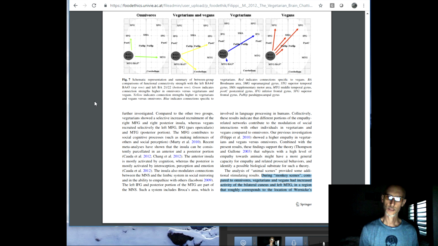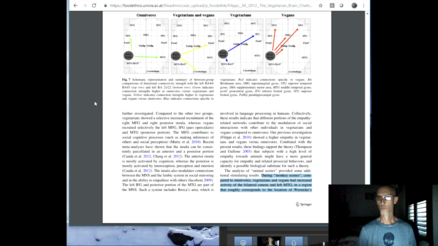Vegans, vegetarians, and omnivores showed more activity when viewing the humans under distress than the animals in distress. It's just that the vegans and vegetarians showed more overall activity with both animals and humans when they're under distress, indicating more empathy.